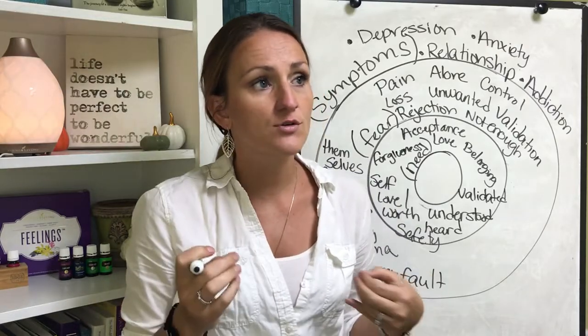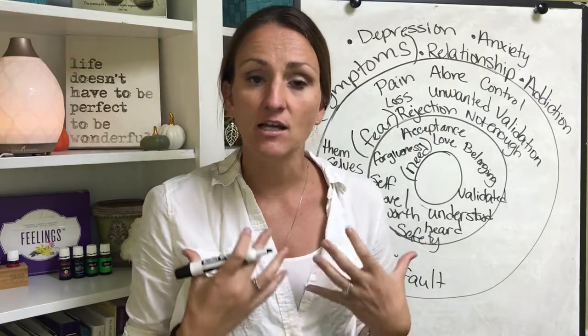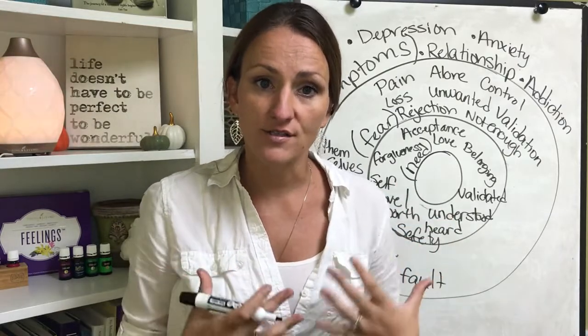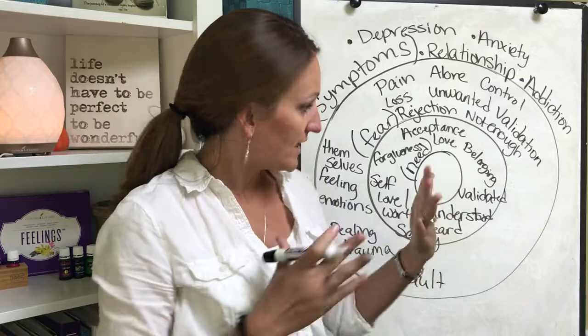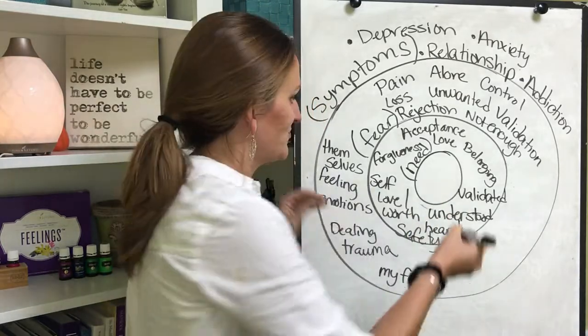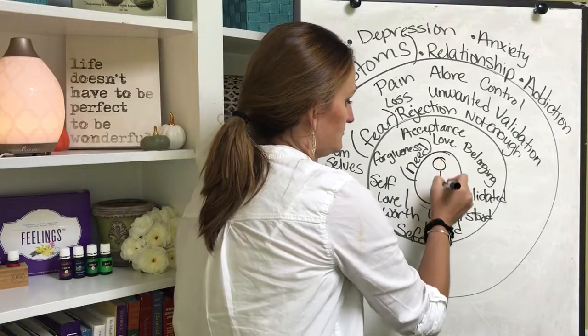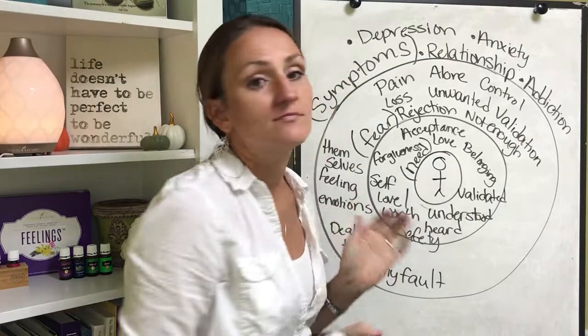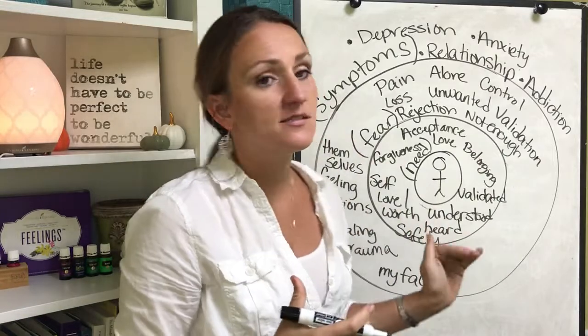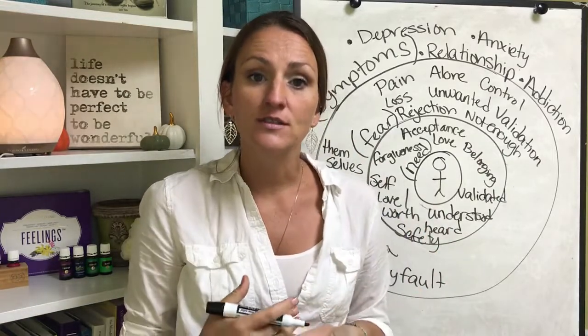And that can be very difficult. It can be very difficult to look at our needs and take an honest assessment of what's really going on under the surface. Okay, so the center of this circle is you. At the center of all of this is you.